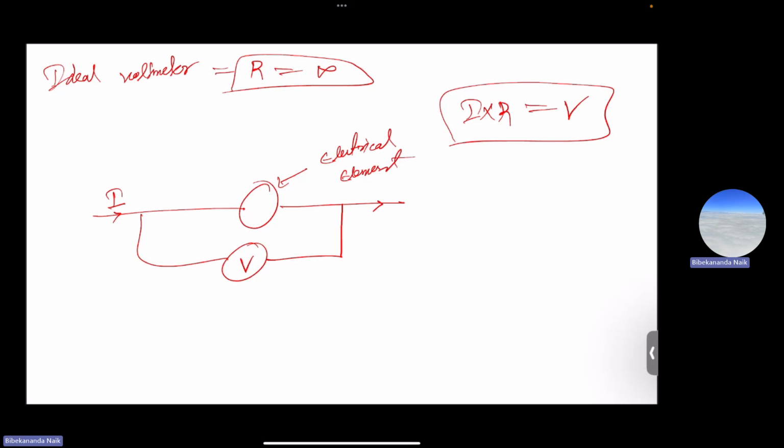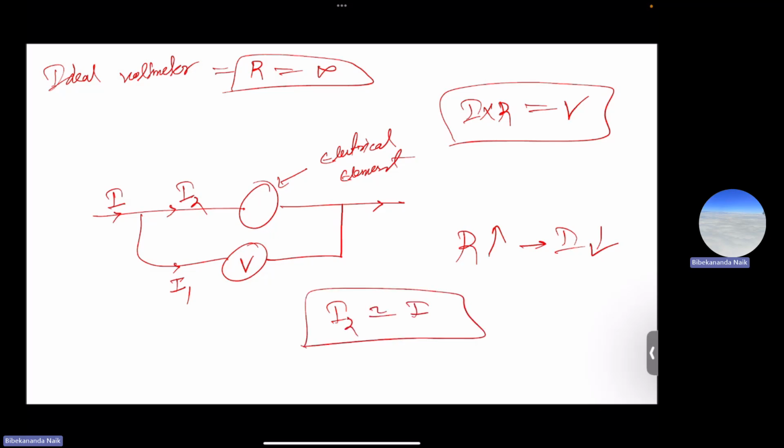When the resistance is high, the current will be reduced. So very little current will pass through the voltmeter, and the majority of the current will flow through the element. So I2 is nearly equal to I, and the voltage drop will be the actual voltage that we want to measure.